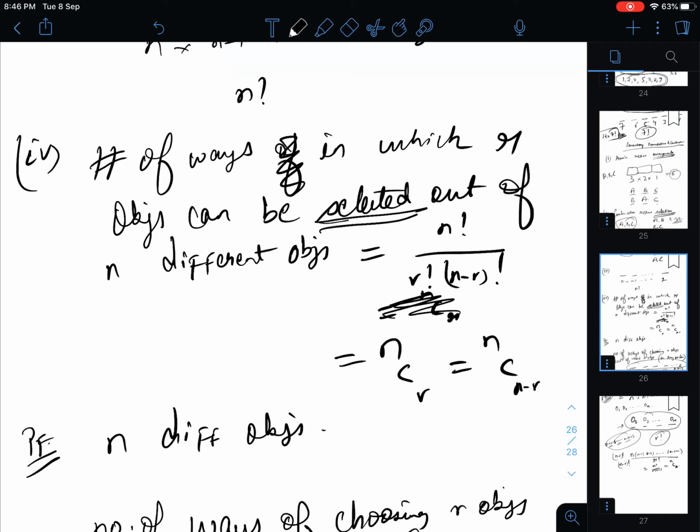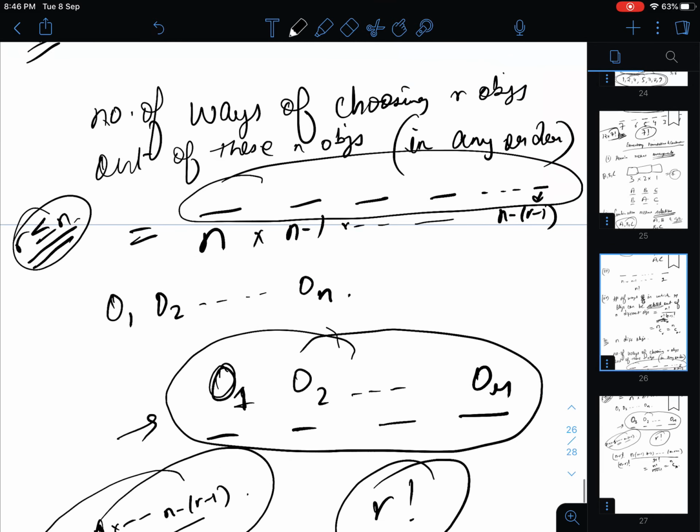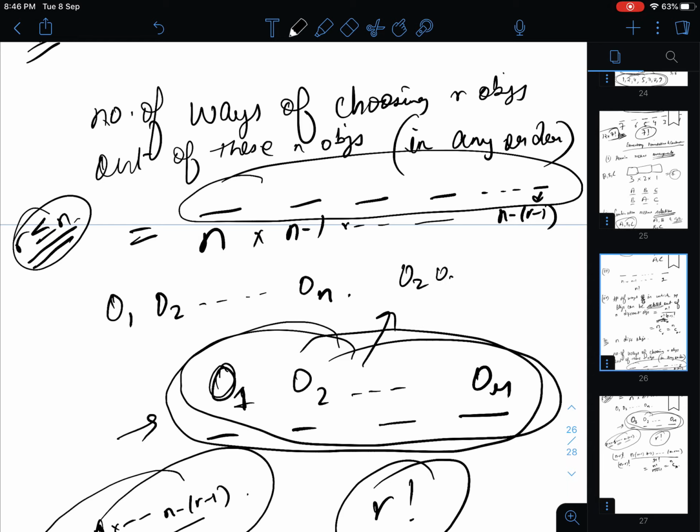So if we are asking about selection, then ordering is immaterial there. Okay, so once you have selected these R objects, then all possible arrangements, let's say O2 O1 till OR or O3 O2 O1 till OR, all these are actually the same selection as far as selections are concerned, because ordering is irrelevant, right?